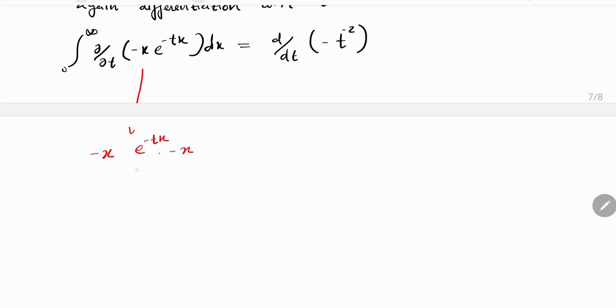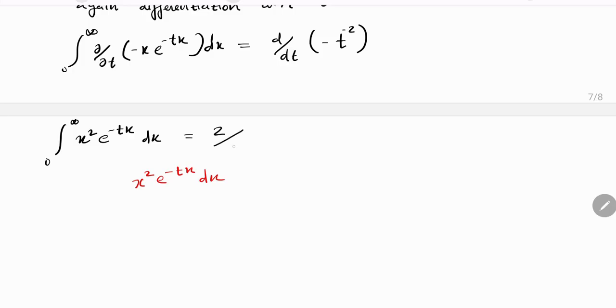Minus into minus is positive, so this becomes x square into exponential of minus tx. So we get the integral from 0 to infinity of x square e^(-tx) dx equal to 2 divided by t to the power 3.